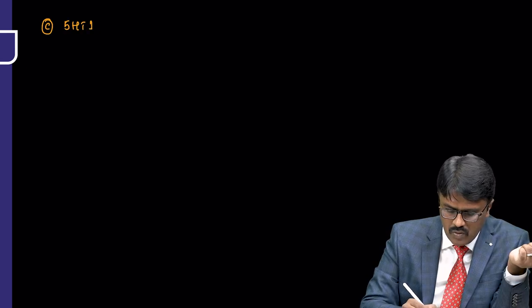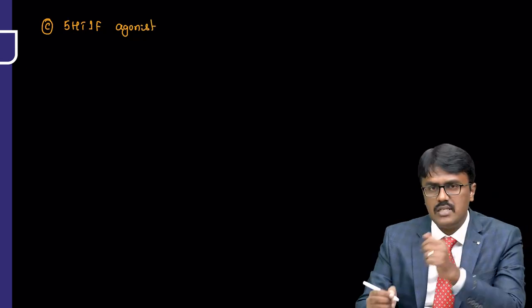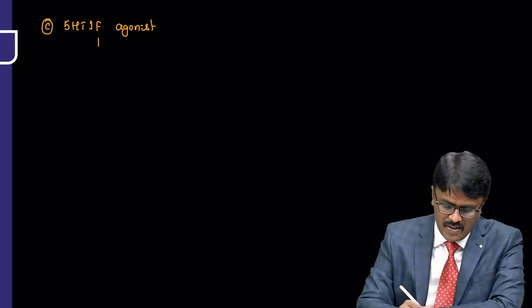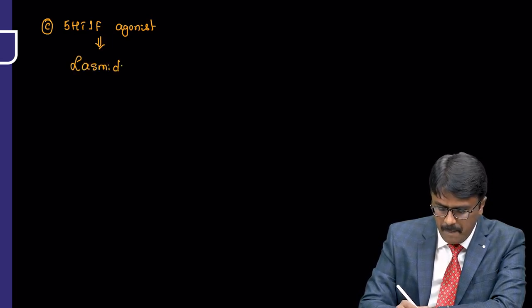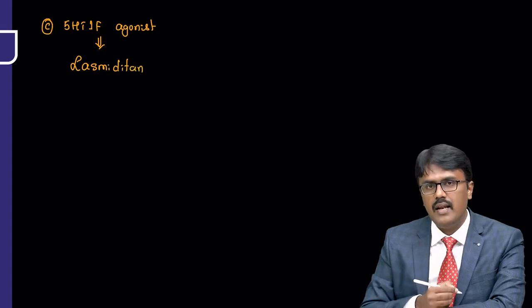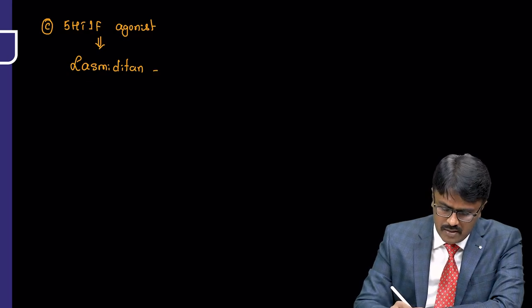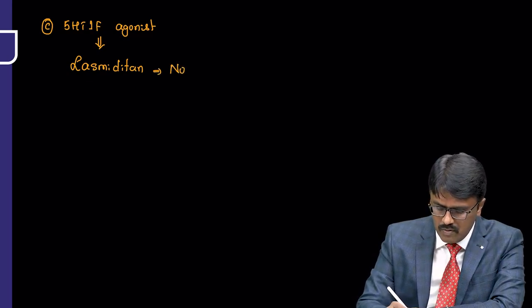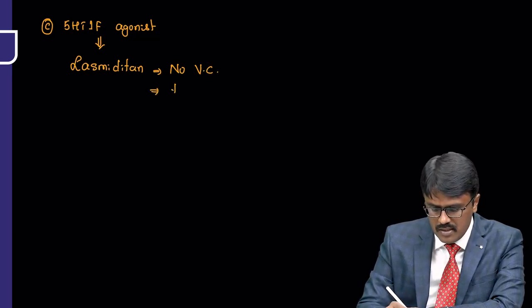And recently we have come up with a third drug class, the 5HT1F agonist. What is the name? Can you guess it? It is called lasmiditan. Now the advantage of lasmiditan is it will not produce vasoconstriction like triptans, but it decreases CGRP.